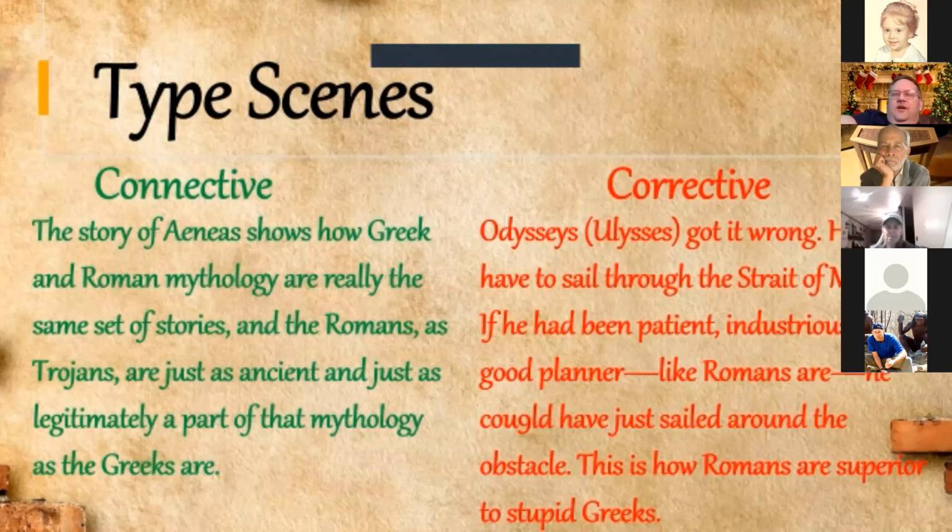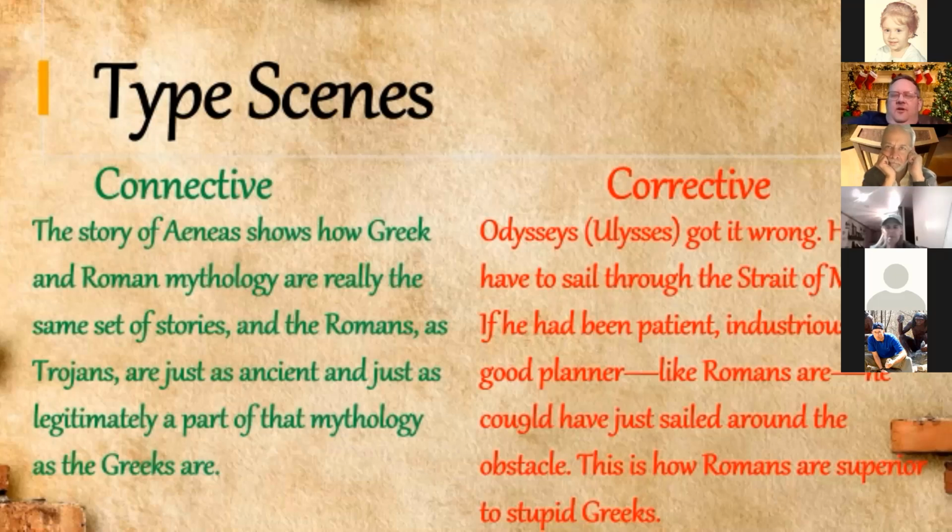The corrective typology says Ulysses got it wrong. He didn't have to go through the Straits of Messina. If he'd been a good Roman, patient, industrious, thoughtful, and a good planner, he would have just gone around. And that whole nonsense about how he had to do this just shows how impetuous the Greeks are.